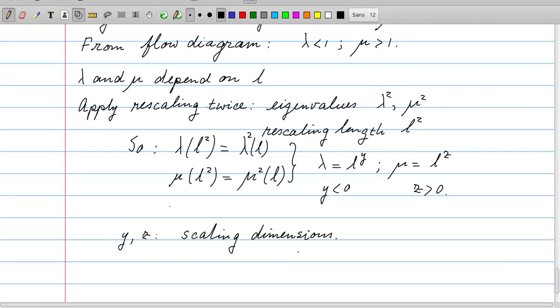These numbers y and z are extremely important. They are called the scaling dimensions. They are the exponents of the expressions for lambda and mu in terms of L. Lambda is L to the power y, and mu is L to the power z. We see that one of those is positive and the other one is negative.